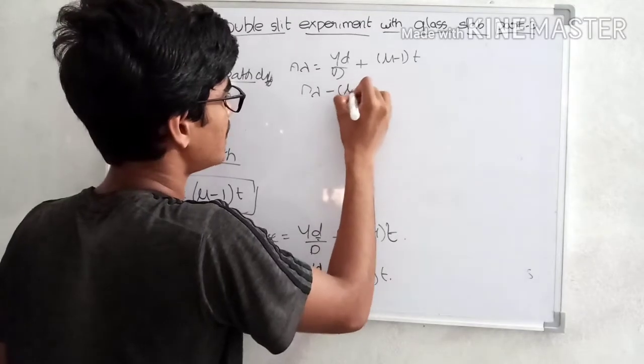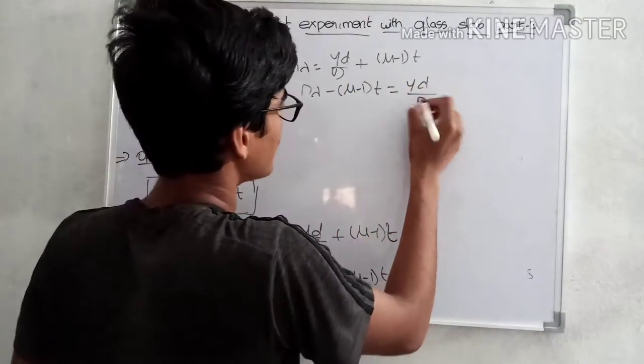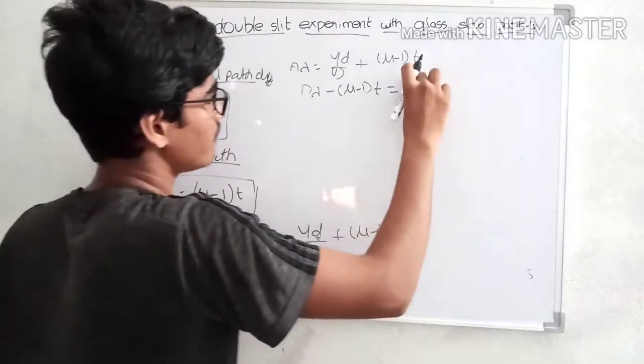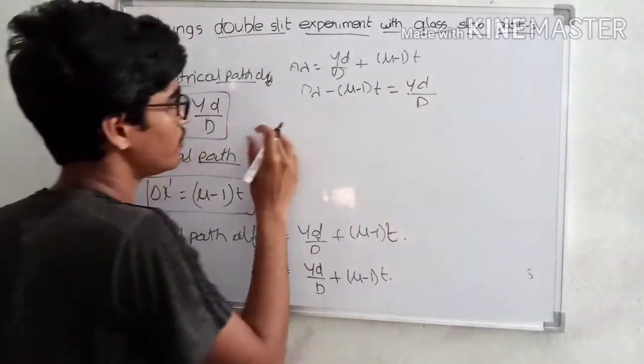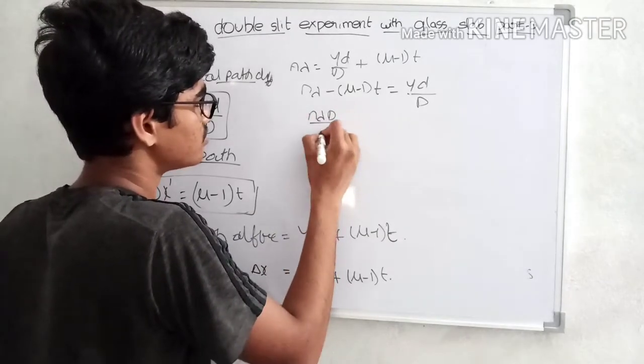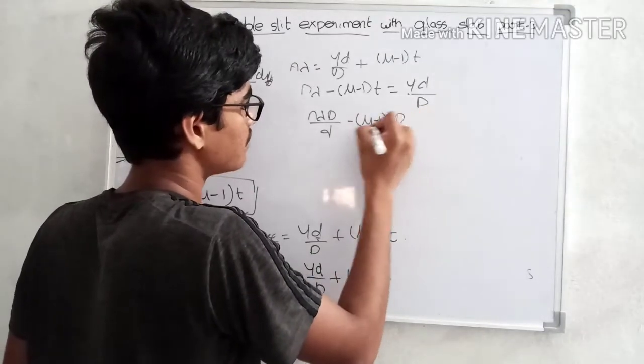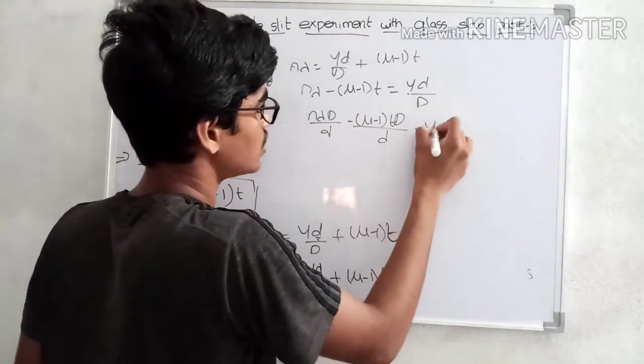Taking y only here, these two to this side, we get y d by capital D equal to n lambda minus (mu minus 1) of t, so y equals n lambda capital D by small d minus (mu minus 1) of t capital D by small d.